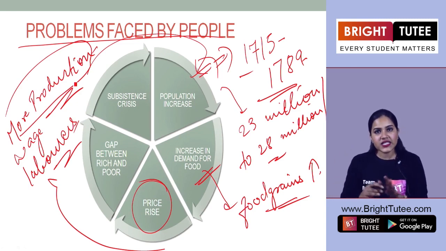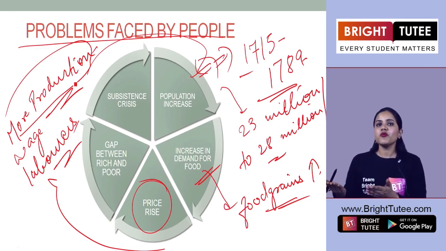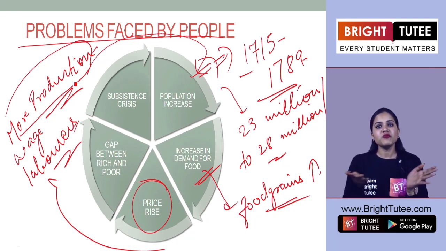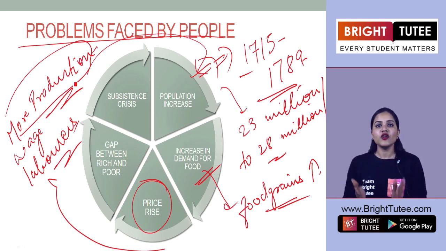So here just understand the cycle. First we see population increase. Due to this population increase, there is an increase in the demand for food grains. Now, when the production is not in pace with the population, it leads to price increase. The wage laborers are not earning enough in order to pay these high prices.